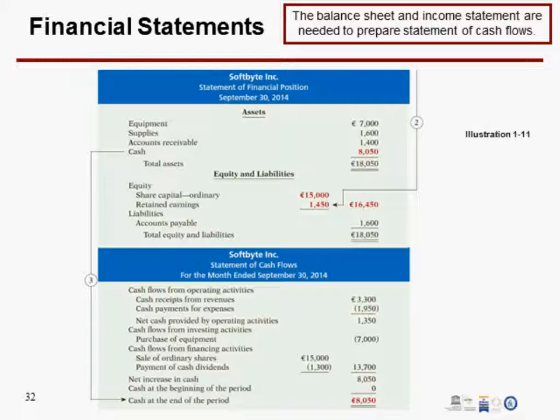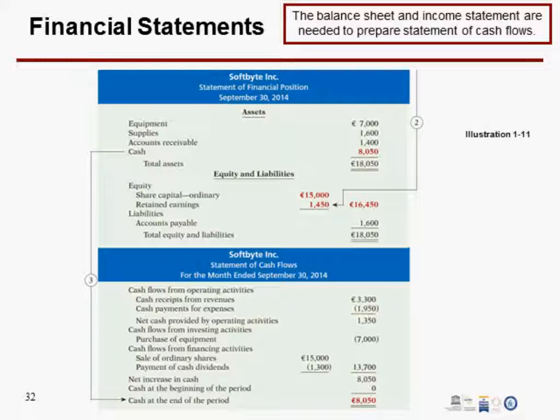The statement of cash flow provides information of cash receipts and cash payments for a specific period of time. It reports the cash effect of a company's operations during the period, and the investing and financing transactions. Okay, let's look at it in detail.